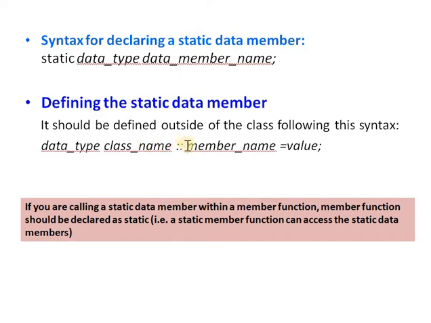After that, use the scope resolution operator. After the scope resolution operator, specify the member name or variable name, and if we want to assign a value to the variable, then use the equal to operator to assign the particular value to the static data member. After the equal to operator comes the value to be assigned to the static data member.